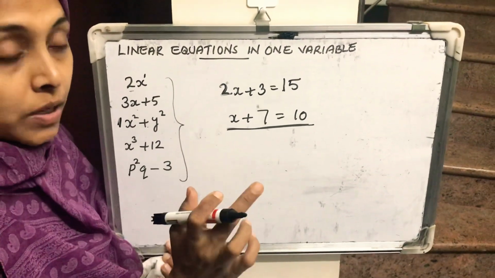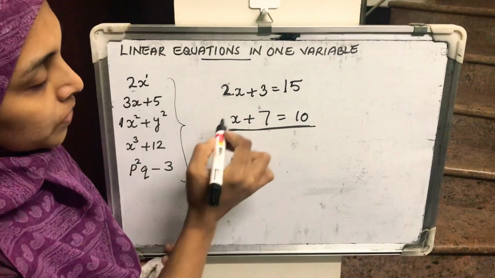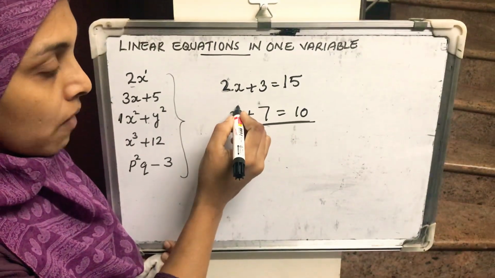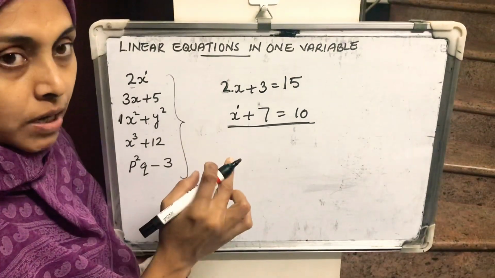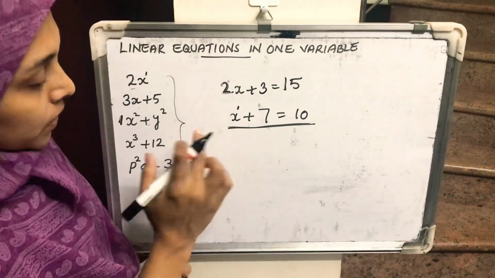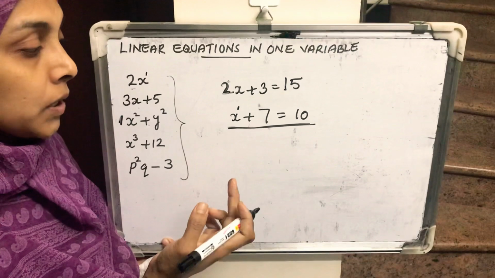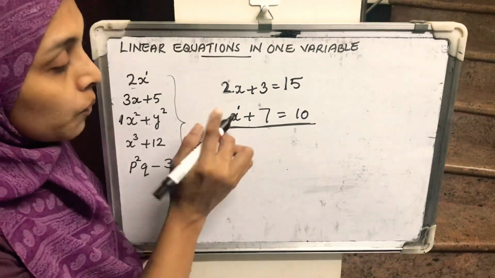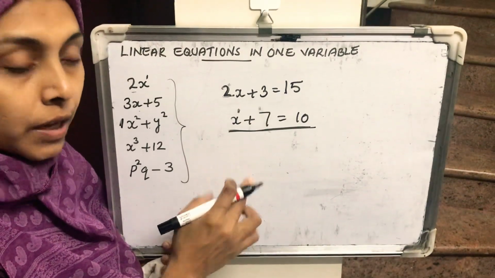And linear equations means the algebraic expression has variables with only power 1. It should be with power 1, then we can call it a linear equation. That is the difference between equations and expressions. If an equation contains variables with power only 1, such equations are called linear equations.